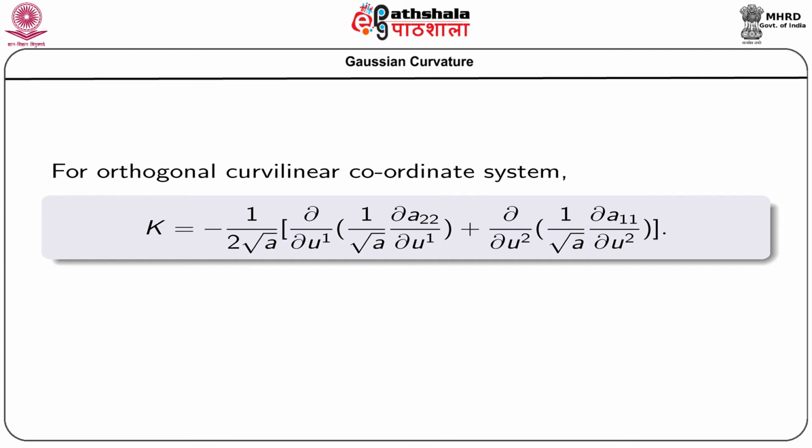This is a very essential formula to find the Gaussian curvature for an orthogonal curvilinear coordinate system. With the help of this formula, we can easily find the Gaussian curvature of a surface if its curvilinear coordinate system is orthogonal.